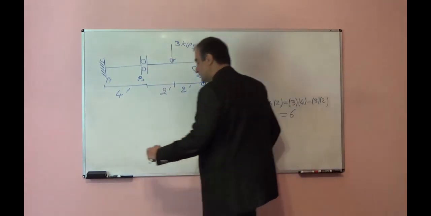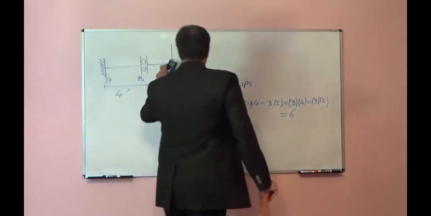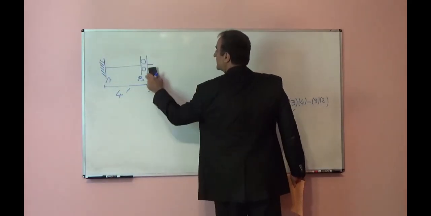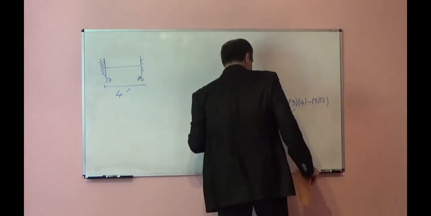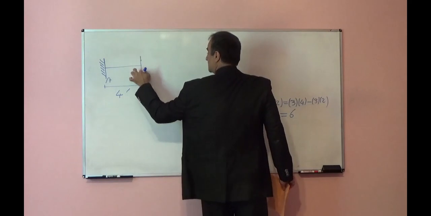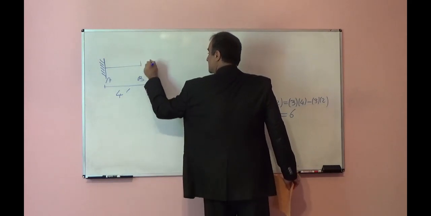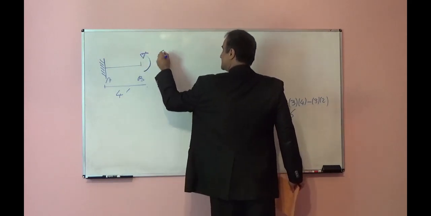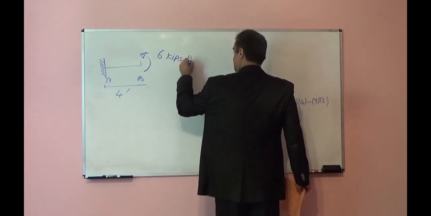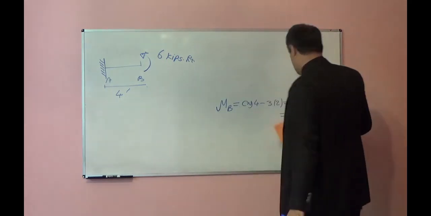So I can remove this part and only apply the effect of that part. The effect of that part will be one moment in this direction, which is 6 kips feet, MB.